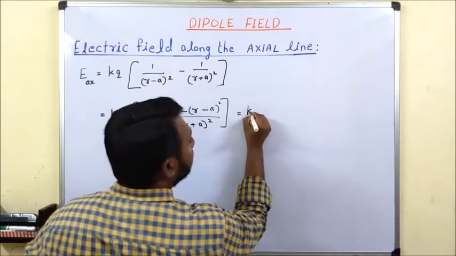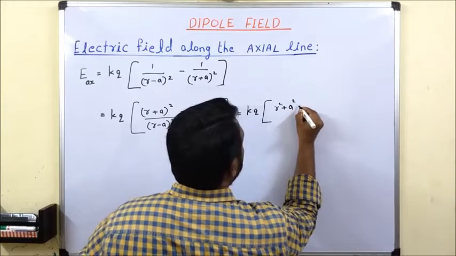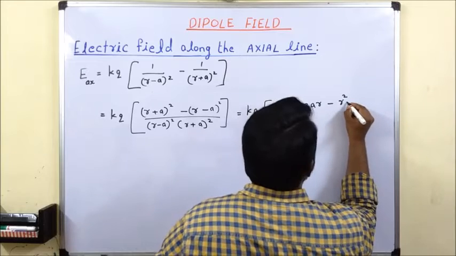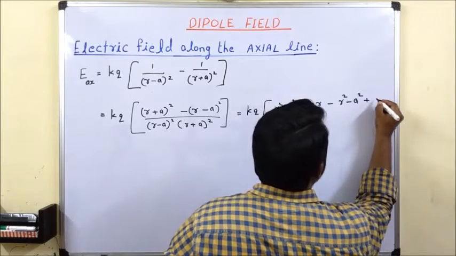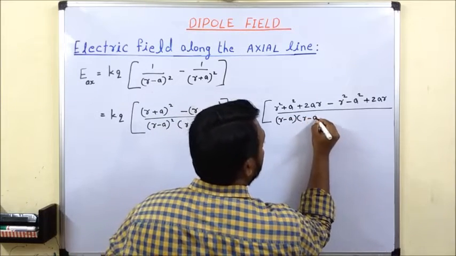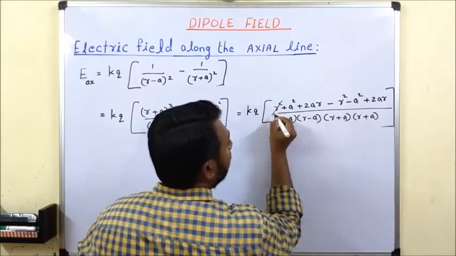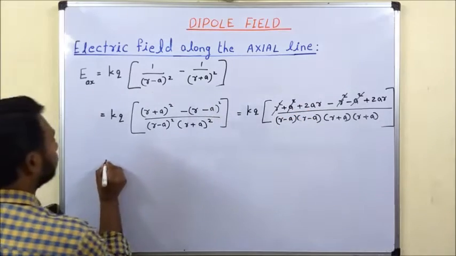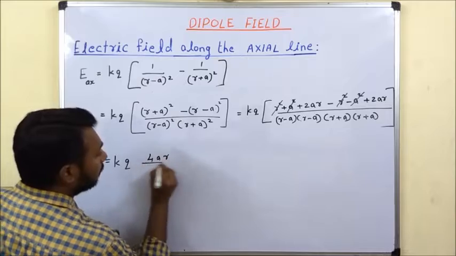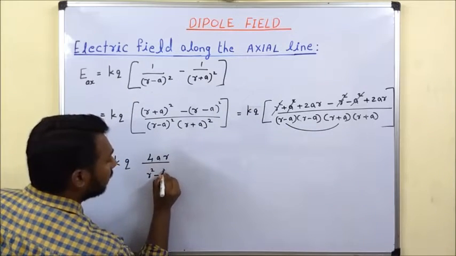So let's take the LCM. Look at this, R minus A into R plus A, that is R square minus A square.